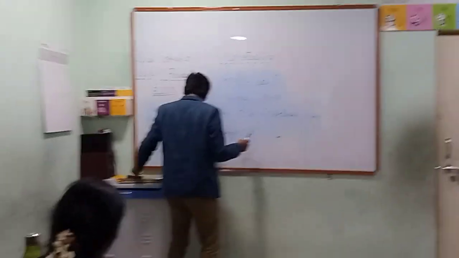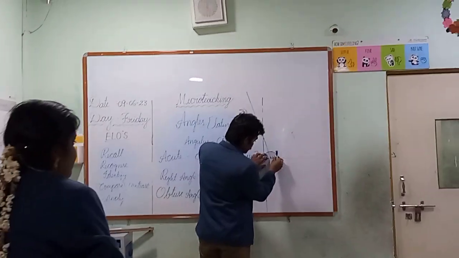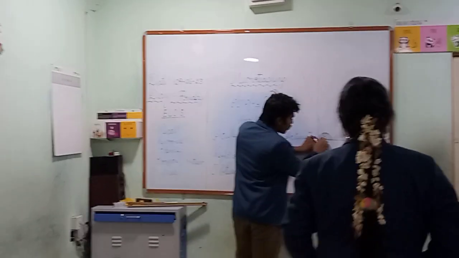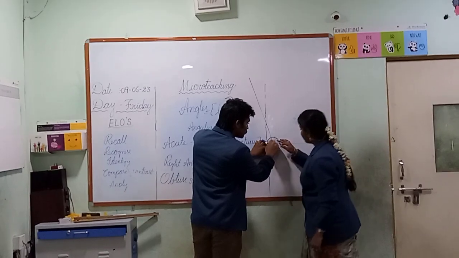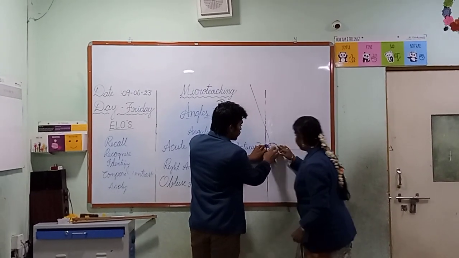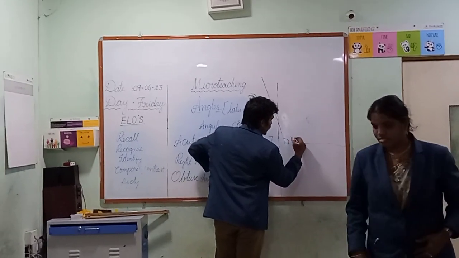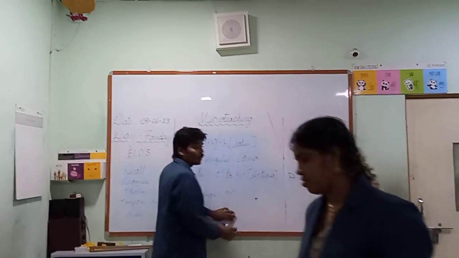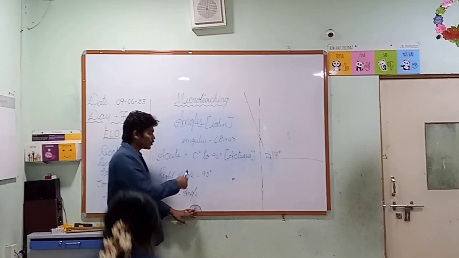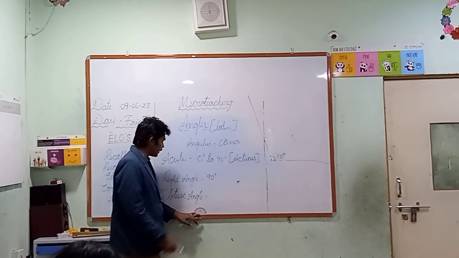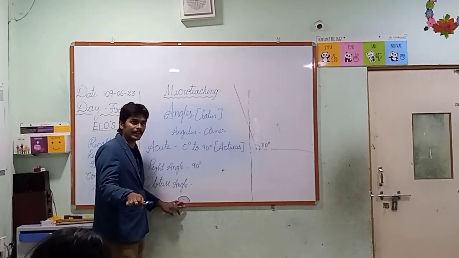What is the angle of this? 110 degrees. Is it an acute angle? No, an acute angle should be between 0 to 90, and a right angle exactly 90.